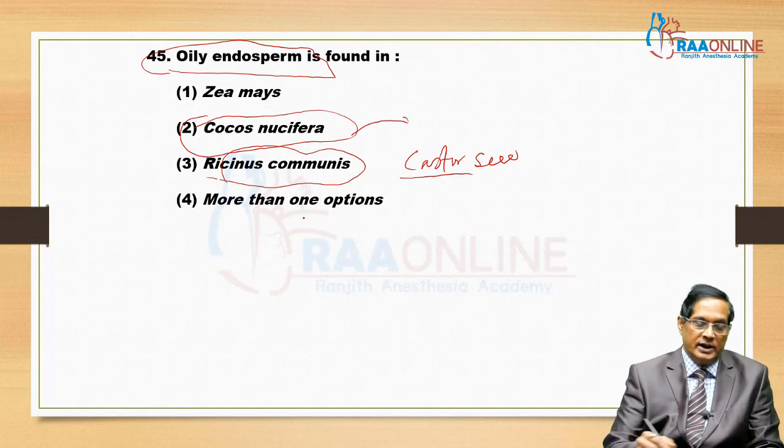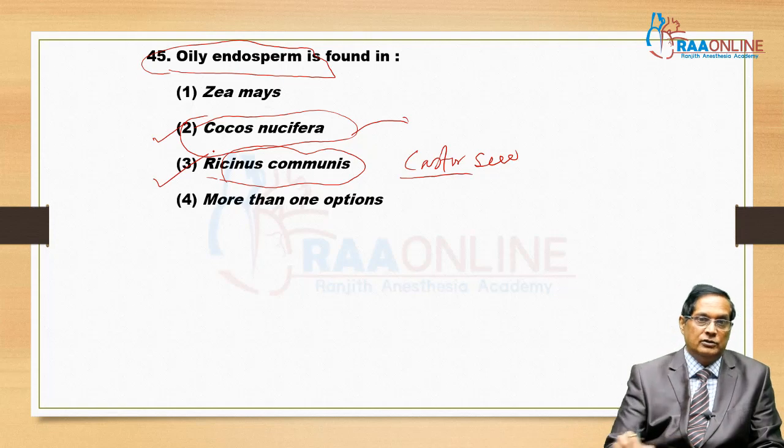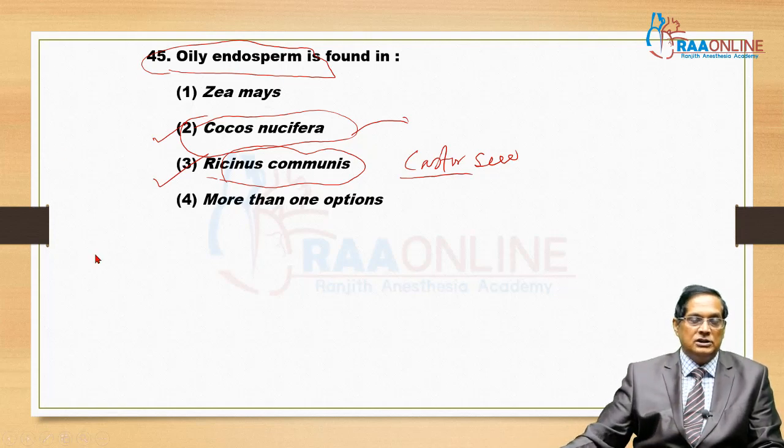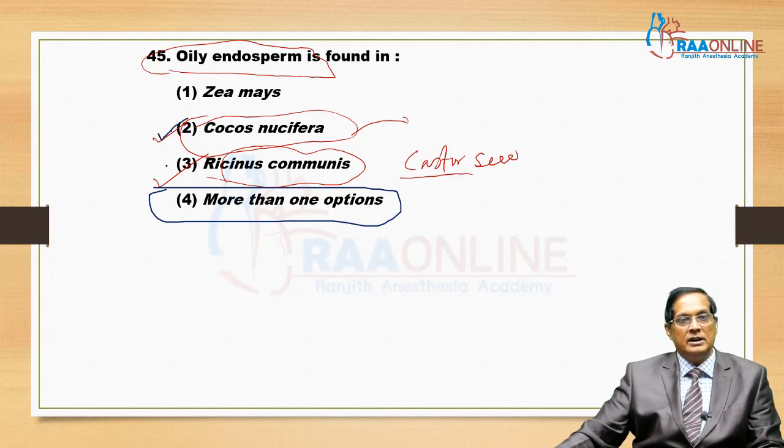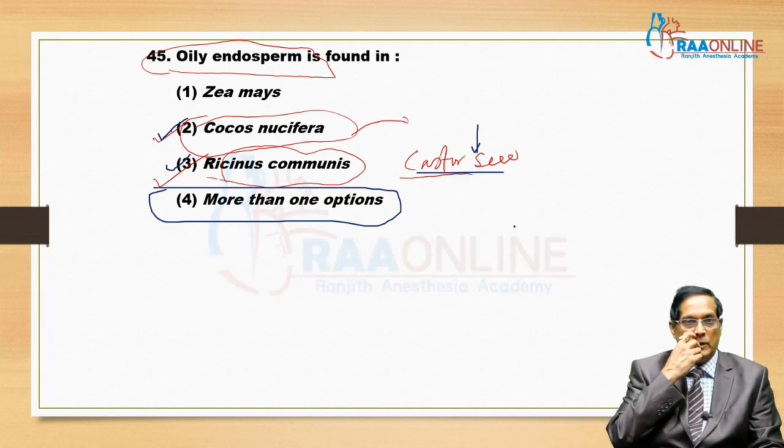So there are two examples of oily endosperm, Cocos nucifera and Ricinus. That's why my answer is more than one, because Cocos nucifera is the coconut and Ricinus communis is the castor. Both contain oil at maturity, so oily endosperm is found in them.